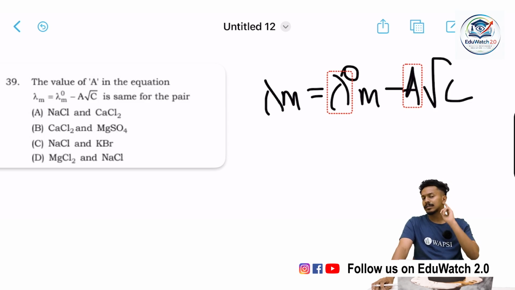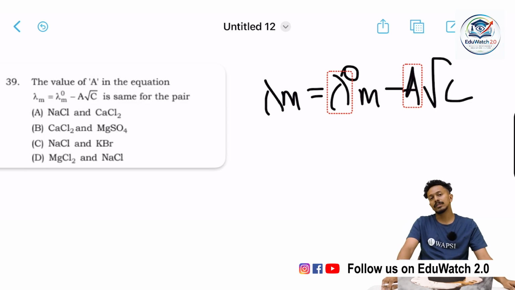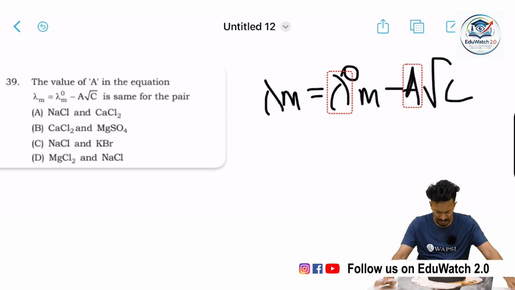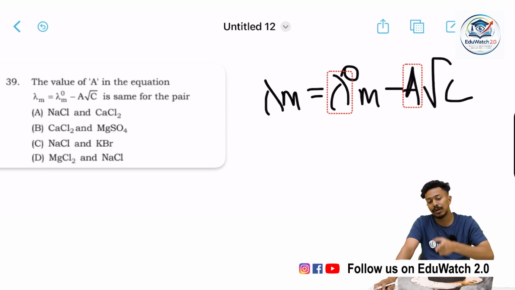We have earlier discussed that the Onsager constant depends upon temperature, solvent, dielectric constant, and the number of ions present. We have never specified any solvents, and we do not mention any temperature difference, and the only thing that we know is the number of ions here.